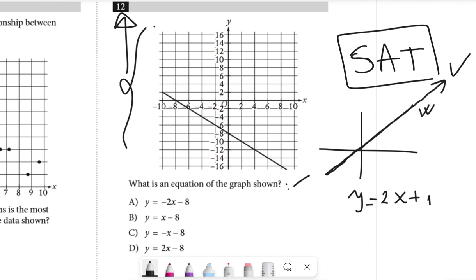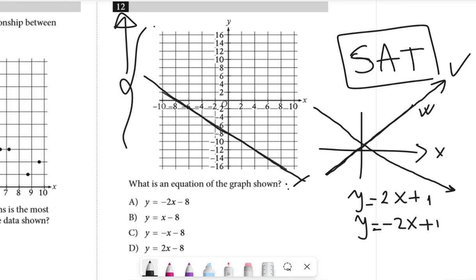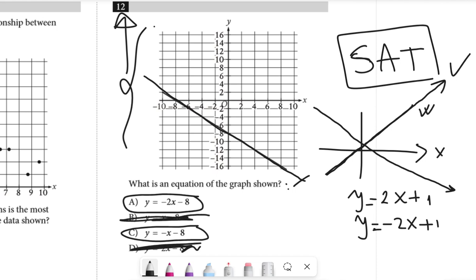But if our gradient is negative, if it was minus 2x plus 1 for example, then it goes the other way around, so it will be falling towards the x-axis. Now our graph is falling, which means our gradient is negative, so it's either this one or this one, right? We know it's not this one because it's not positive, and not this one because it's not positive.